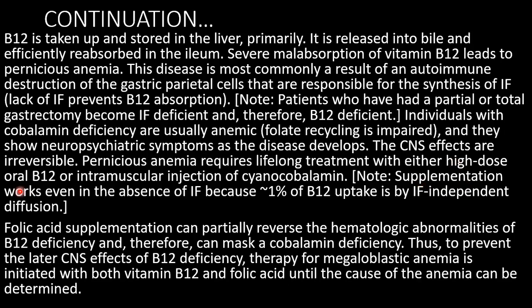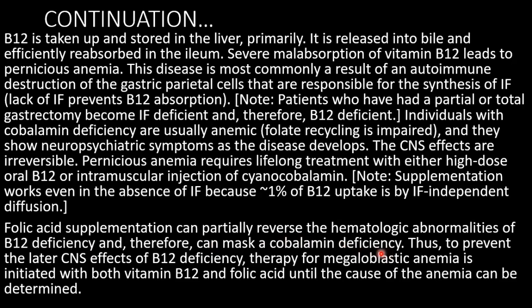Because supplementation works even in the absence of intrinsic factor, because just 1% of the B12 uptake is the one which is dependent on intrinsic factor. Okay? The other can be taken up by intrinsic factor independent diffusion and simply diffuse. Now, folic acid supplementation usually reverses the hematologic abnormalities of B12 deficiency and therefore can mask a cobalamin deficiency.